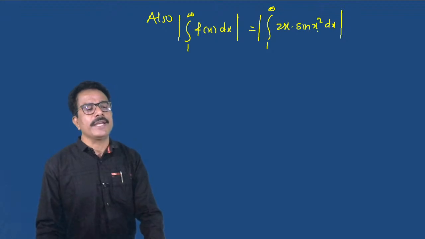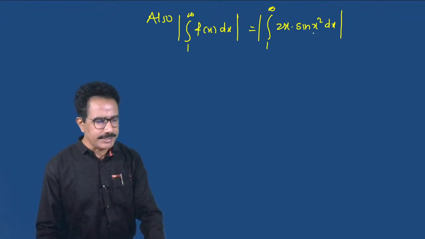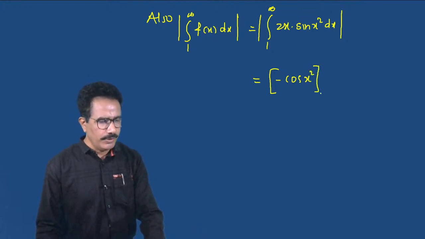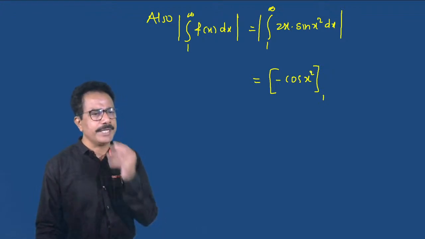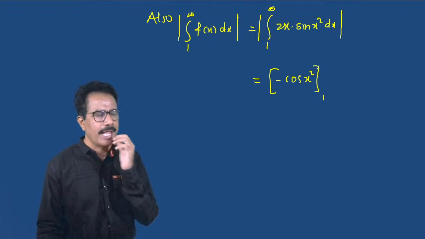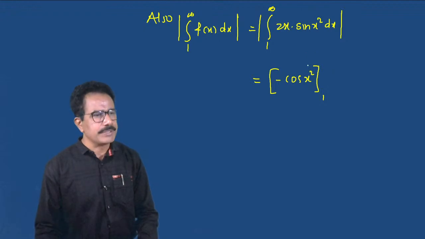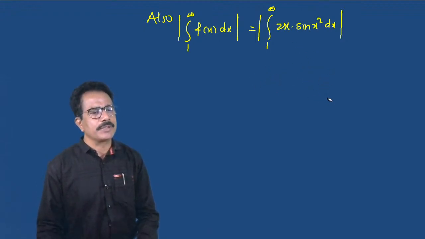Now the derivative of x square, 2x, is already here, so the integration of sine is minus cos of x square, over the limit 1 to, suppose we can write t. Let us solve this properly. If you want, put f of x.